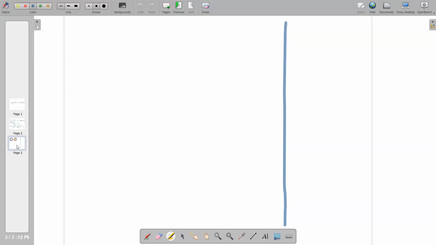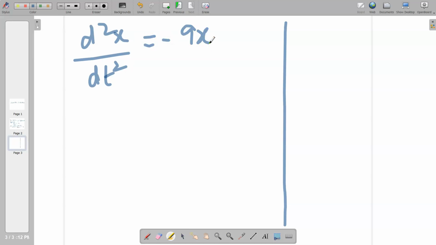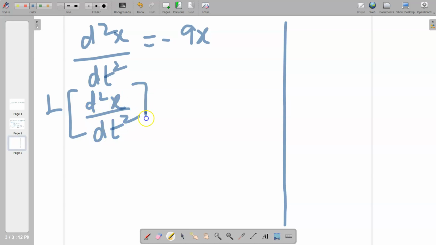The given question is d square x by dt square equal to minus 9x. First, we apply Laplace transformation on both sides, for d square x by dt square and for minus 9x.